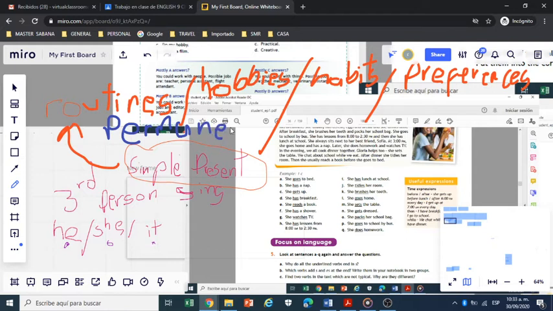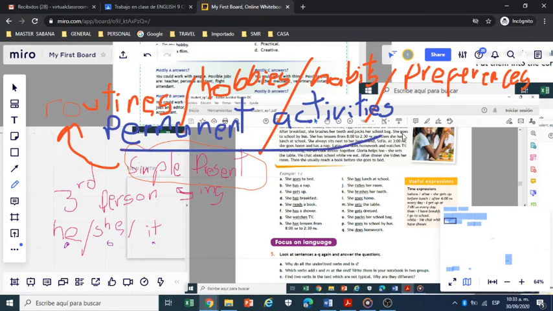Examples of permanent activities: I like football, I play basketball, I like hamburgers. I go to school, I study at Gonzalo Arango, I live in Bogota. Those are permanent activities, and these permanent activities, like routines, hobbies, habits, preferences, are expressed in simple present.